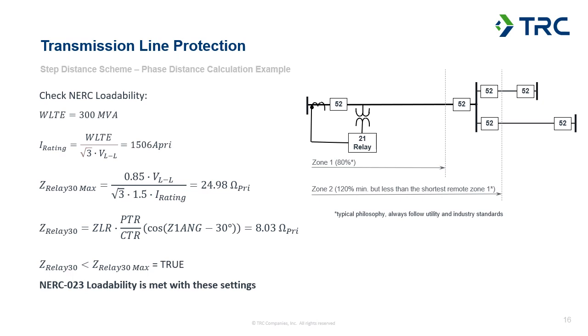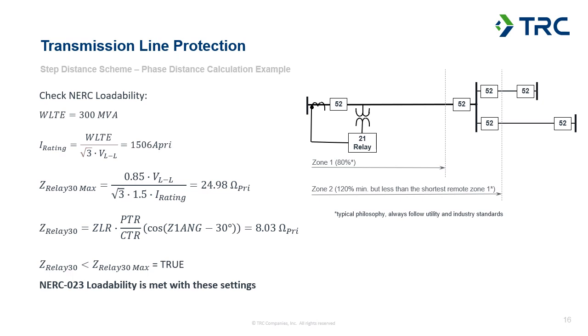We'll then use that to calculate what the maximum allowable relay reach is based on the other criteria, the 0.85 per unit voltage and 1.5, or 150%, of that current rating.